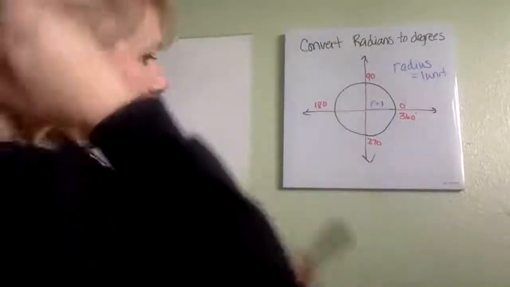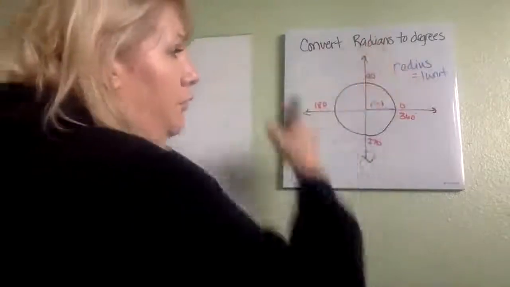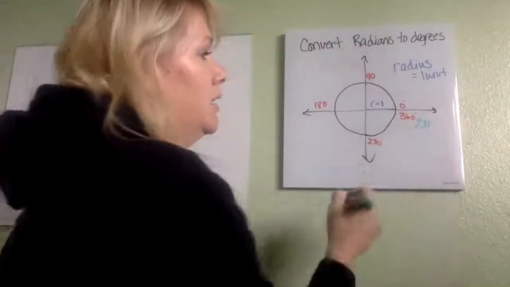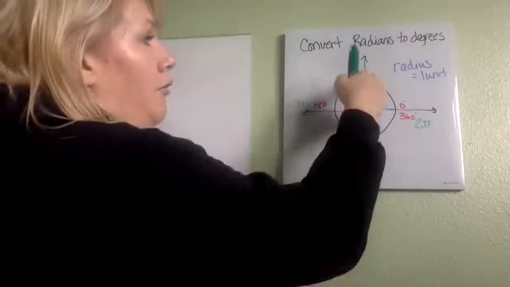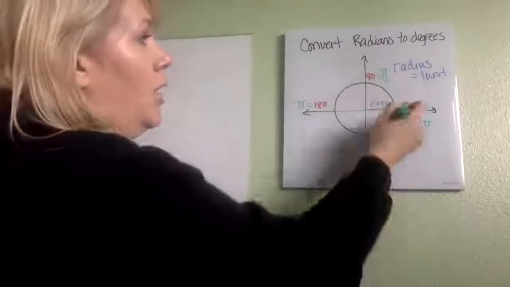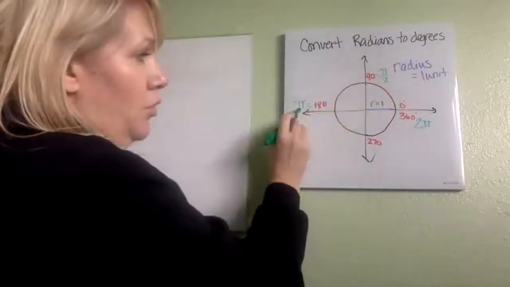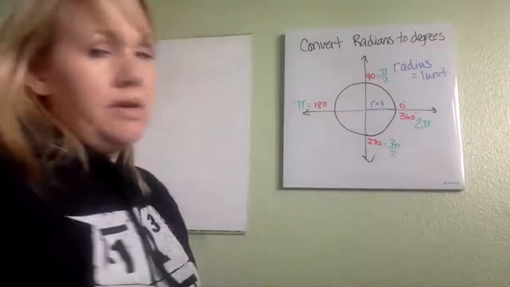So think of it this way: since the full circle is 2 pi, half of that circle is just pi. A fourth of the circle, or 90 degrees, would be half pi. 1 half, 2 halves makes 1 whole, 3 halves is 270.